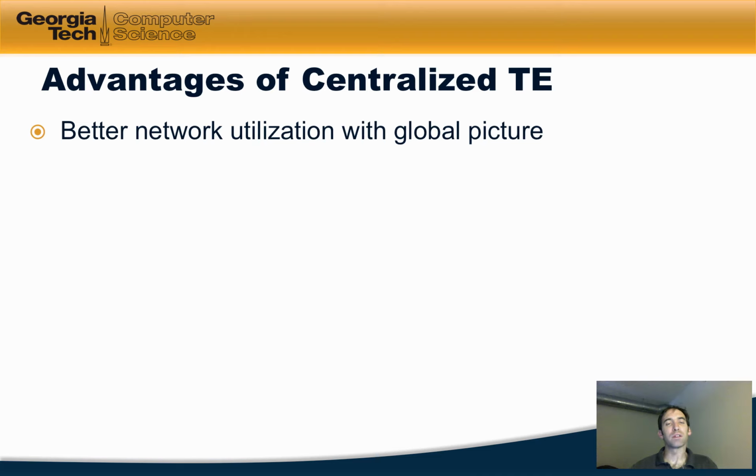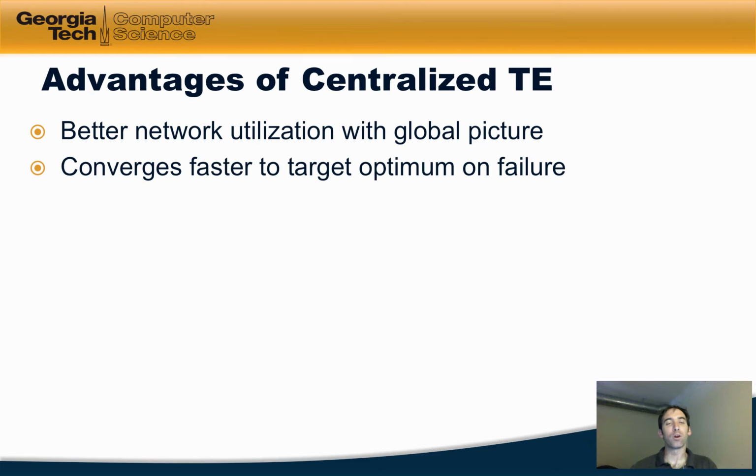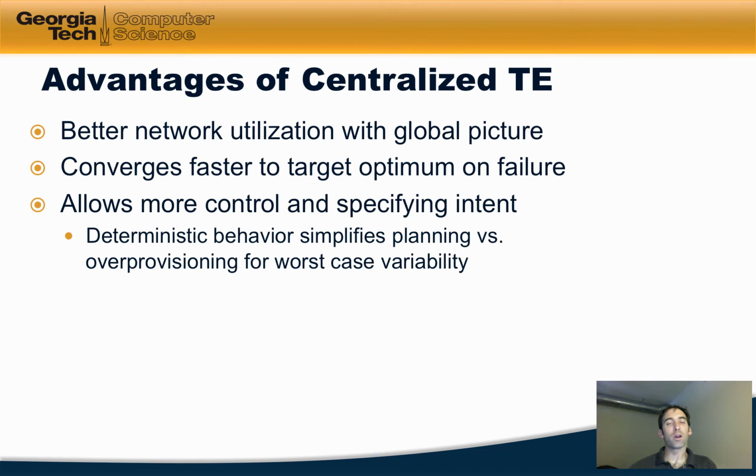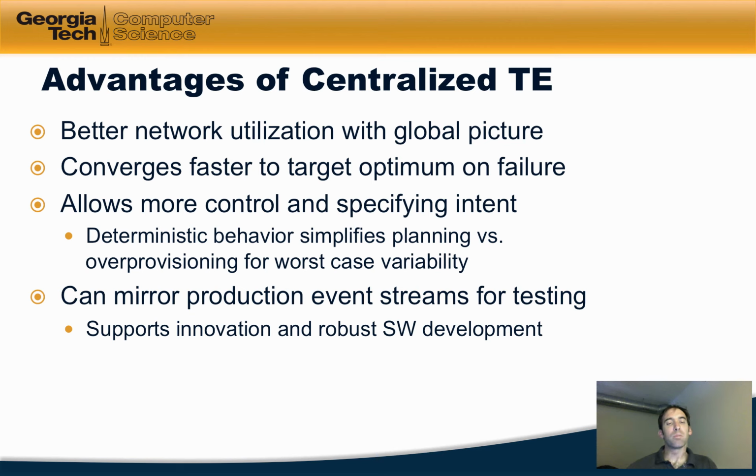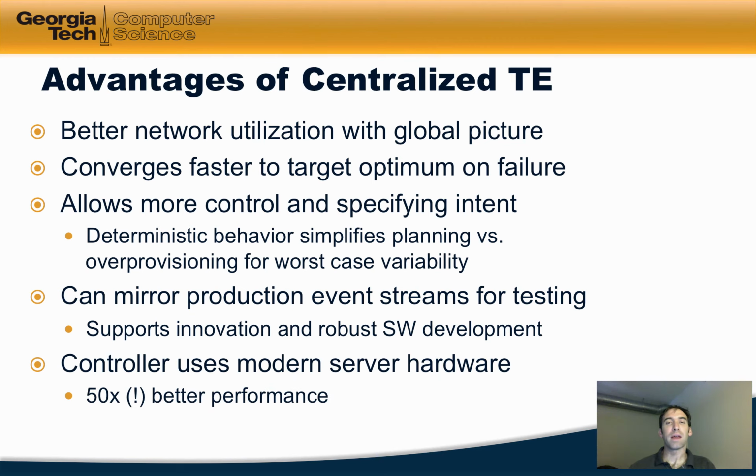The advantages of centralized traffic engineering are better network utilization, since the controller has a global picture of the topology, faster convergence to a target optimal set of routes when a link fails, more control and the ability to specify intent, for example, the ability to specify deterministic behavior, rather than having to over-provision to take into account the possible worst case, the ability to mirror production event streams for testing, and the ability to use modern server hardware for the controller, which results in about a factor of 50 performance improvement.